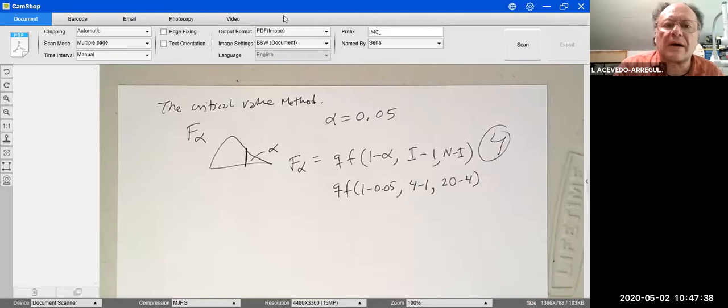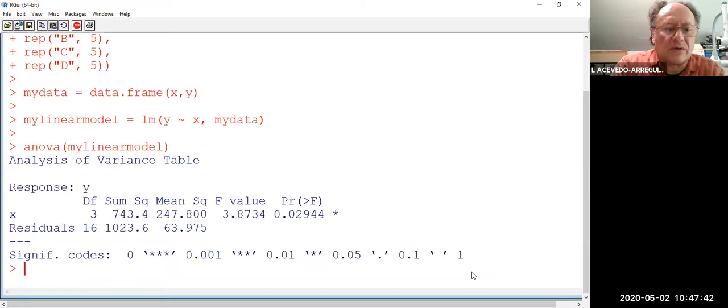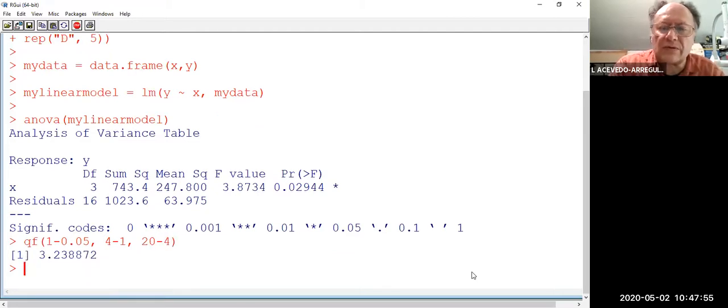So let's go back to R and do this computation. QF of 1 minus 0.05, comma 4 minus 1, comma 20 minus 4. So this is 3.2388. So F alpha is 3.2388.